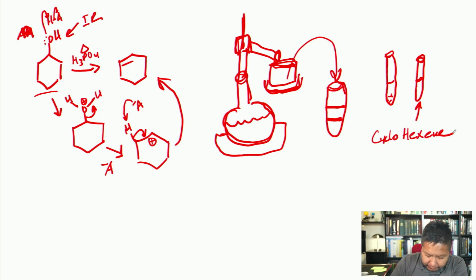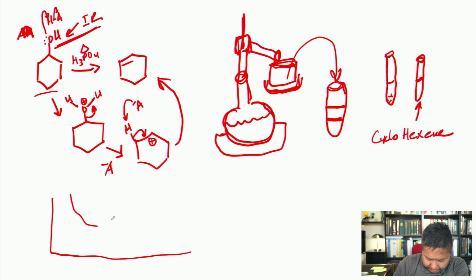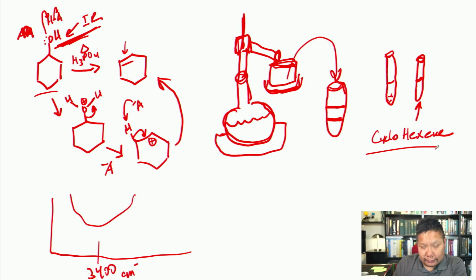Remember that when you have an alcohol, you'll have a big, happy face looking thing coming down at around 3,400 wave numbers. But when that alcohol gets turned into an alkene, the cyclohexene, you'll get a bunch of peaks near the double bond region.